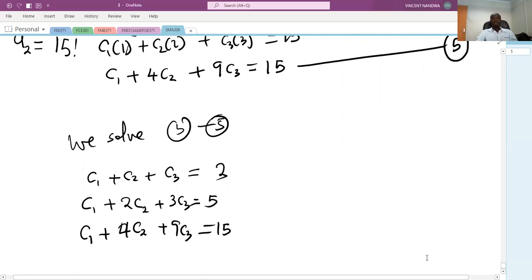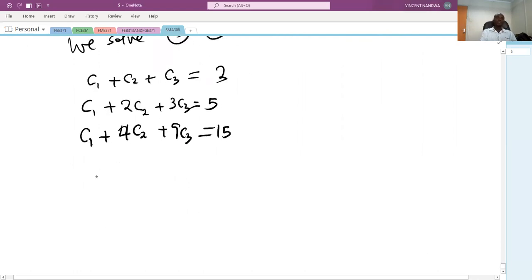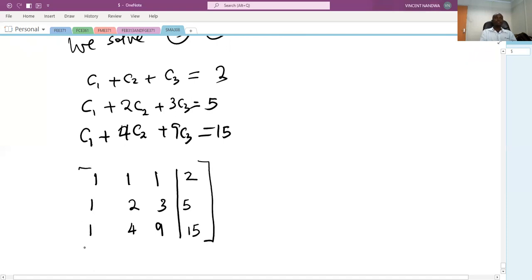So let's use Gaussian elimination. So write the matrix of this: 1, 1, 1, 1, 2, 3, 1, 4, 9, and then 2, 5, 15. So this is the augmented matrix of this system. Or you can use any other method that you like to solve this system.